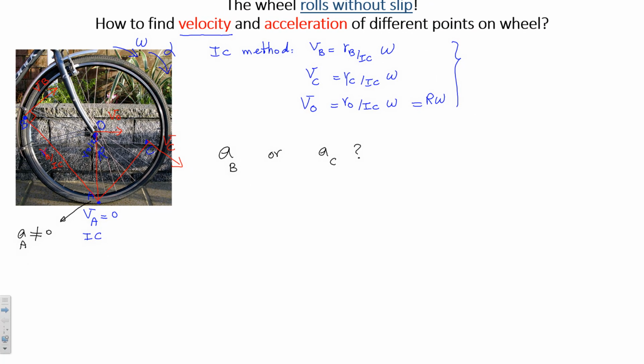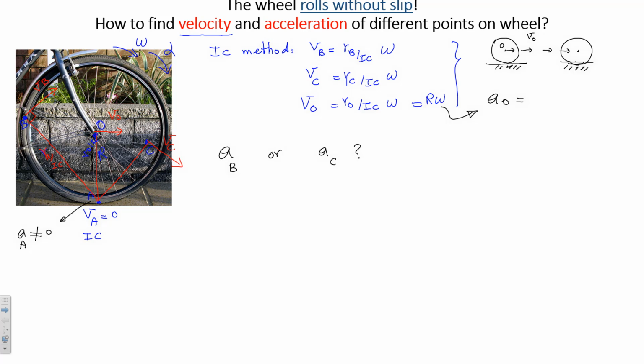So first of all, before we go through that process, let's see what is the acceleration of point O. Point O is moving on a straight line during the motion. As the wheel starts from the initial position and goes to the final position during this rolling motion, point O is always traveling on a straight line. So it has a rectilinear motion.